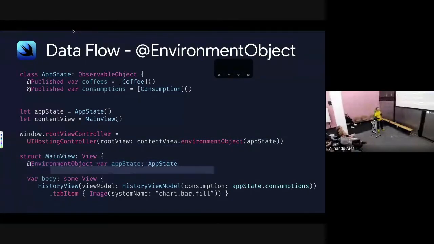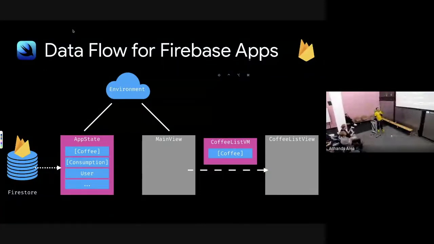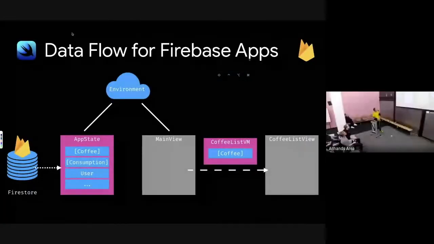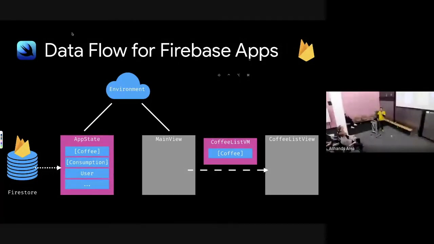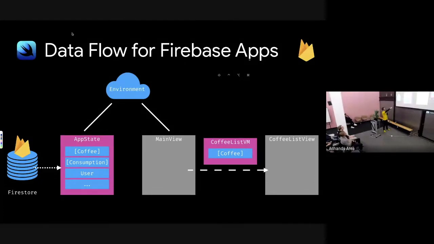Okay, so and the final slide I'd like to show you is a graph which, there we go. Okay, so on the left-hand side, we've got Firestore, or basically any other data source that we want to use. And then we've got the app state in the pinkish box here, with all our data in it. We store it into our environment.